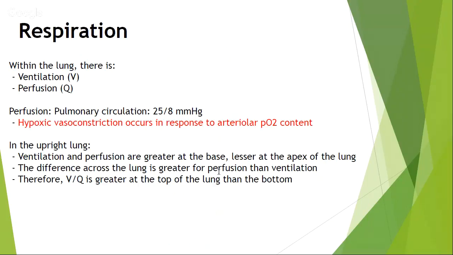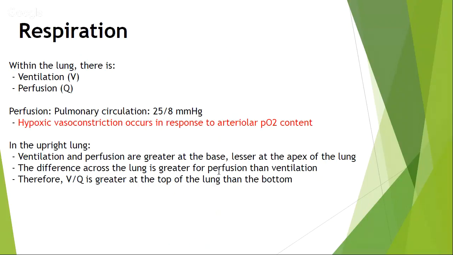In the systemic circulation, if an area has low oxygen, you'll have vasodilation to try and get more oxygen. The opposite occurs in the lungs. If there's an area that isn't getting any oxygen, there'll be vasoconstriction, so less blood goes to that area, and more blood goes to the areas that are getting oxygen to then supply the systemic circulation.